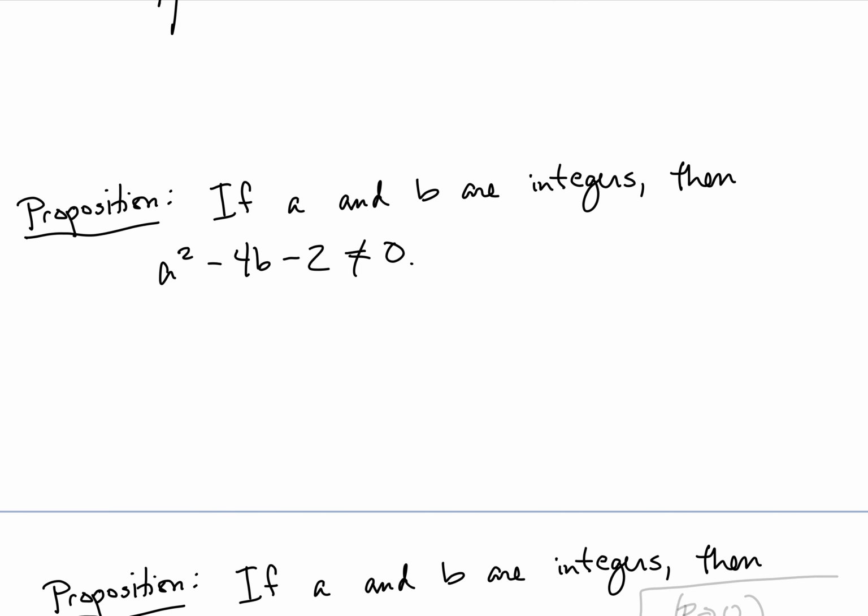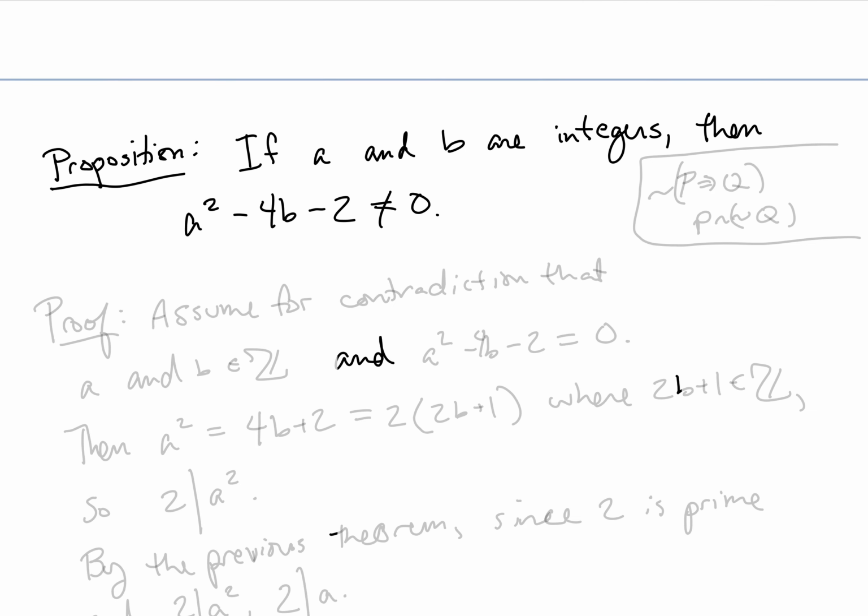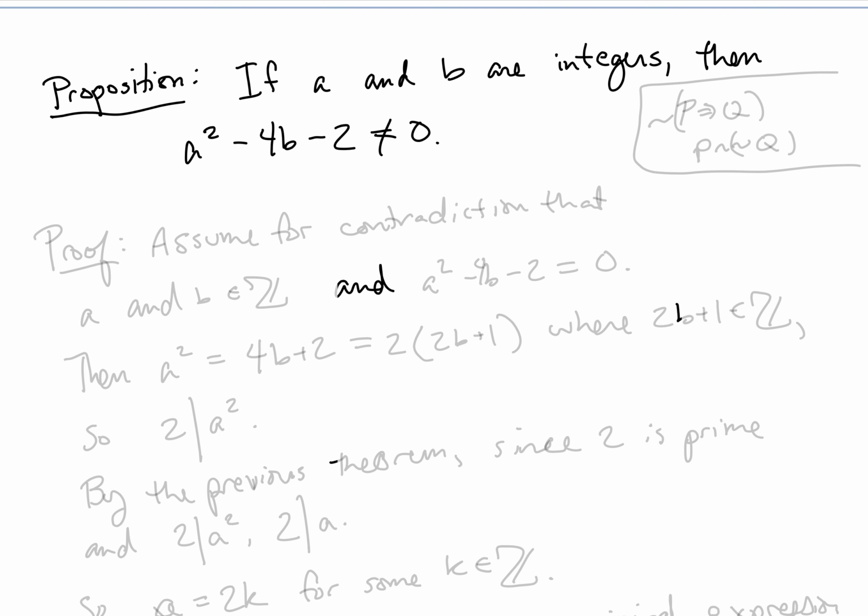Okay, so if a and b are integers, then a squared minus 4b minus 2 is not equal to 0. Let's try to do a proof, and let's try to do this by contradiction. So assume for contradiction that, so we want to assume the negation of the statement above.